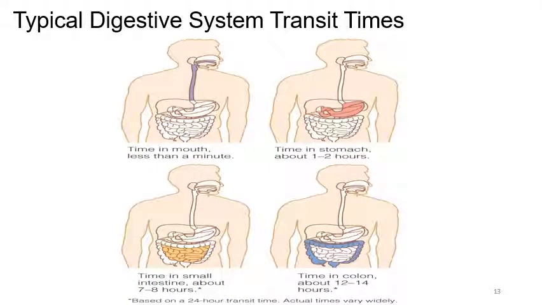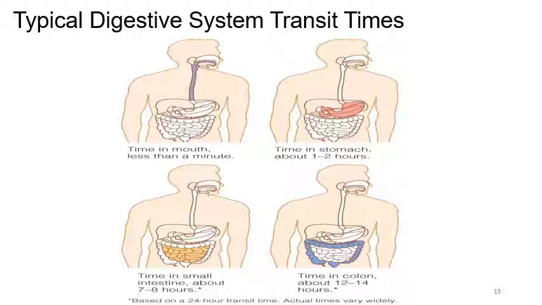The typical digestive system transit time. Remember I mentioned about 24 to 48 hours. Let's pretend it's based on a 24-hour transit time between the mouth and the anus. The time in the mouth takes less than a minute. You just chew chew chew and then you swallow. Time in the stomach is about 1 through 2 hours.